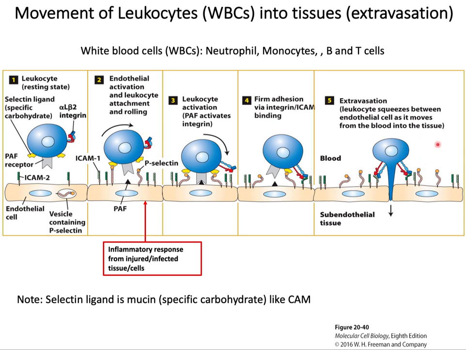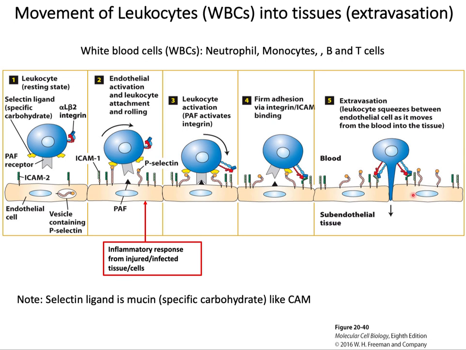And then the activation of the integrin can also activate the motility of the white blood cells, and that white blood cell can actually crawl through the spaces between the endothelial cells and move into the site of infection or the site of the injury as a part of the inflammatory response.